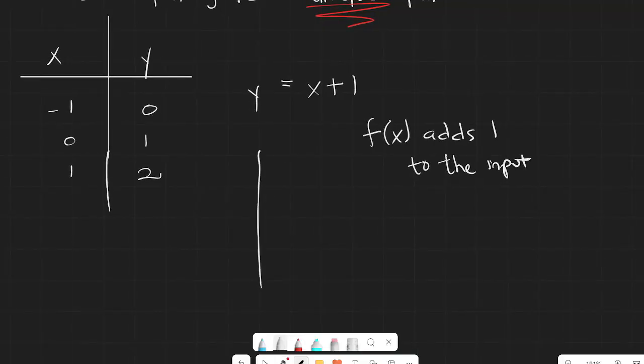On a graph, you can see that when we have -1, the value is 0. When we have 0, the value is 1. And when x is 1, our output is 2. This results in a line for this particular function.